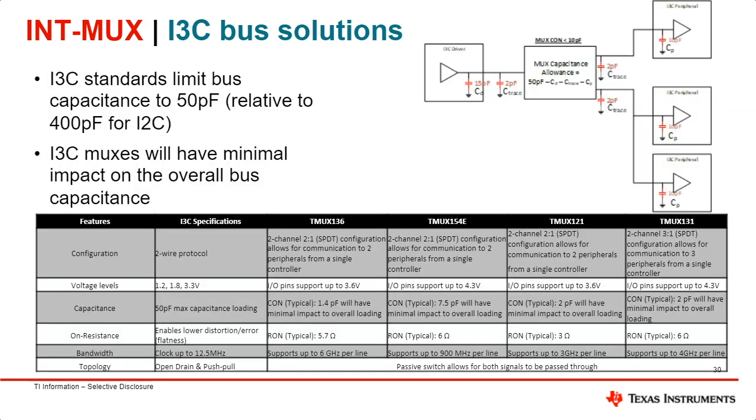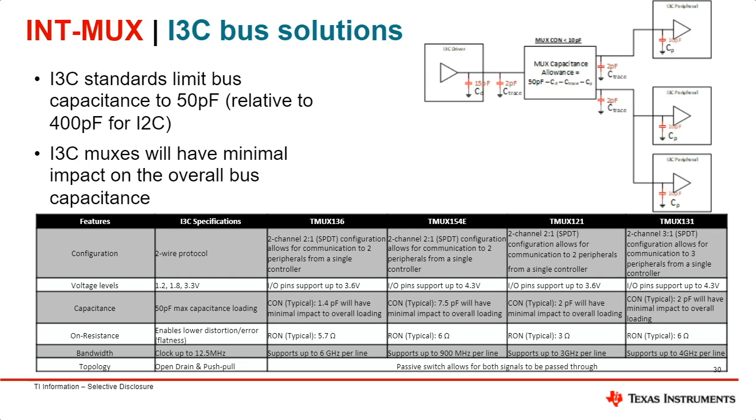Going into I3C, it's very similar to I2C, but in I3C the bus capacitance limit is much lower. It is 50 picofarads compared to 400 in I2C. As you can see, there's a table at the bottom providing a few of our devices. The biggest parameter to look for is the C-on, the capacitance.